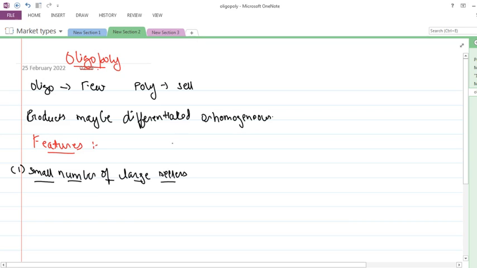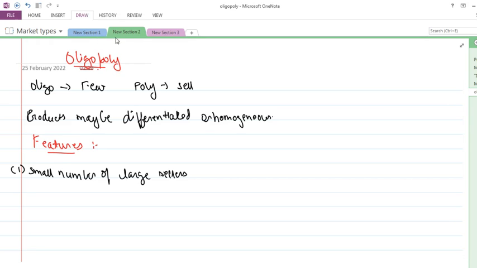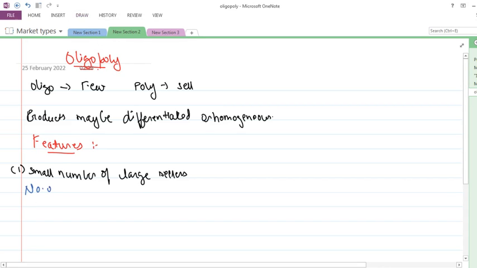It means that the number of sellers is limited, but the size of each firm is big. As a result, the market share of each firm is sufficiently large to dominate the market.